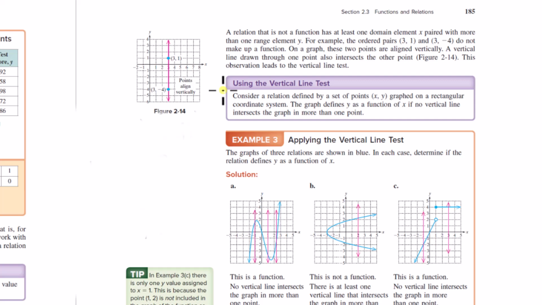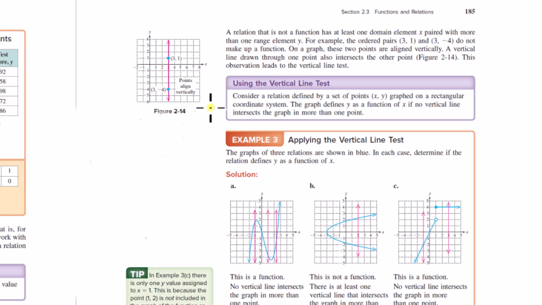So we can think about how we could test to see if a relation is a function by looking at its graph, even if it's just a set of ordered pairs, not an equation with a smooth connected curve. You can still graph a set of ordered pairs as a set of points.